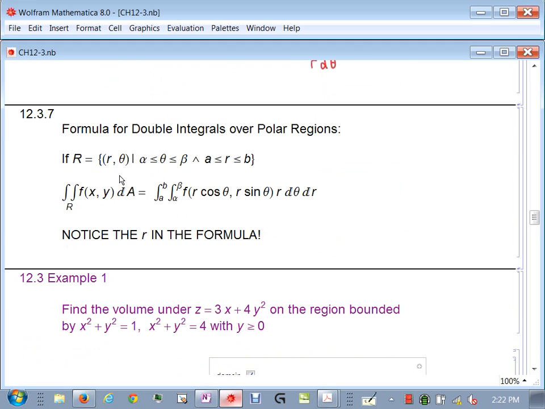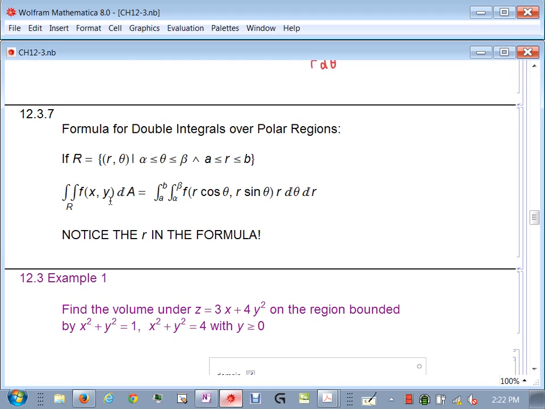Okay, so here it is. If we are given a polar rectangle, r and theta between two constants, then the integral of the function of xy dA converted over, notice that I just take the function f and replace x with what? Well, what's x in polar? r cosine theta. What's y in polar? r sine theta.